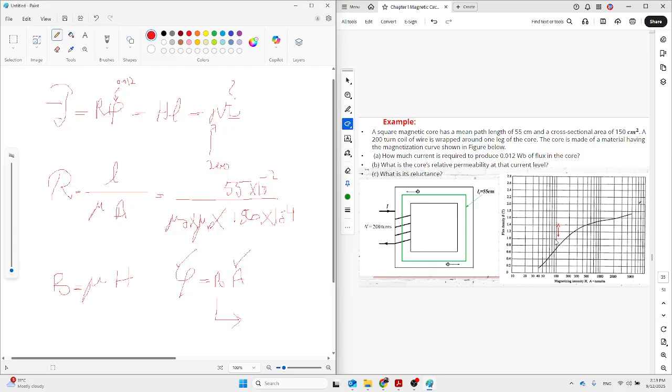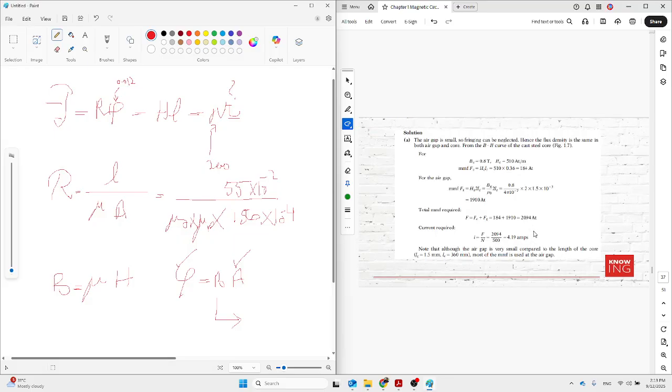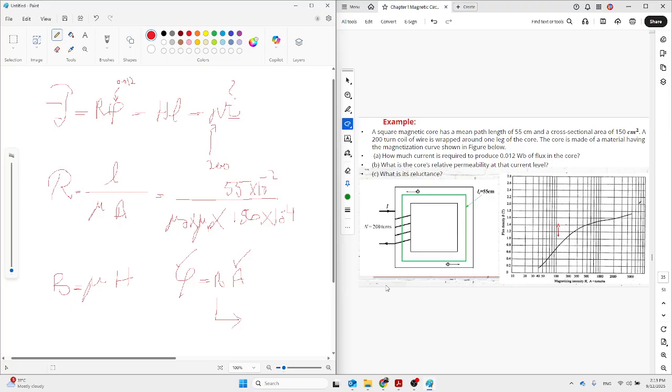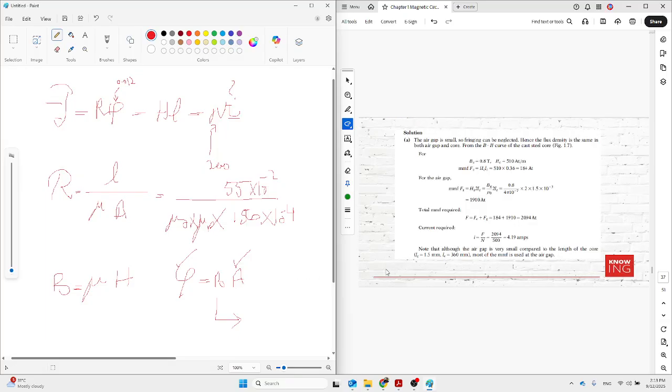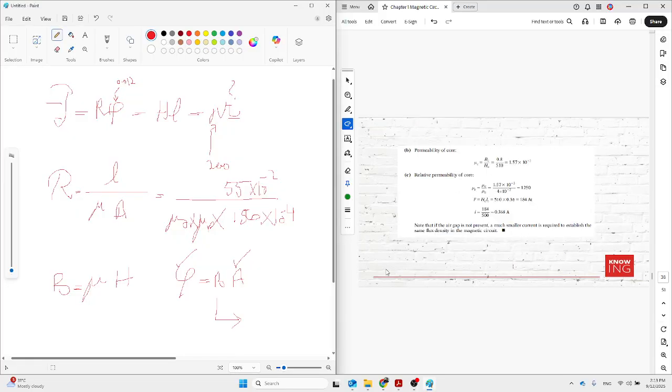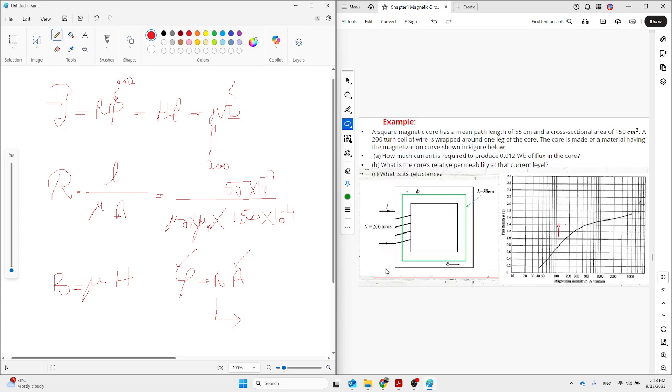From this B, which is more or less highlighted here, you can find the H. Based on the calculation, I think I missed this one. Okay, I have to calculate by myself, it seems. My calculator is here also, so let me calculate.